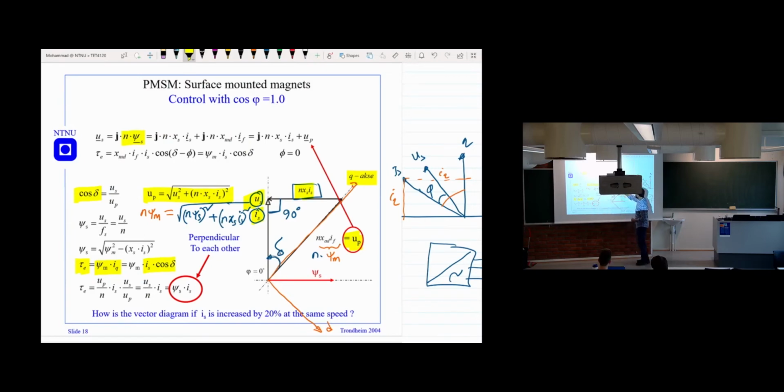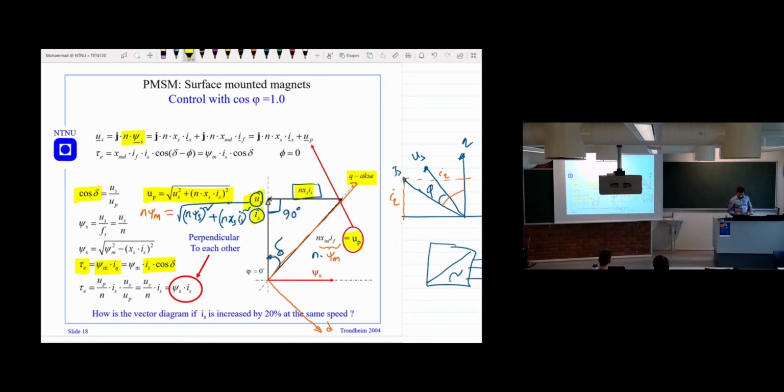And according to the Pythagoras definition, you can write cos delta as this vector, which is US, divided by this, which is UP. So now you got US divided by UP, these three terms. Psi m gives us this, and you have the IS and cos of delta, we can write this.